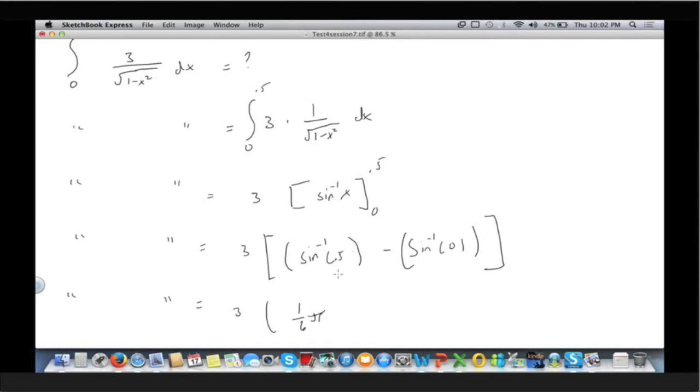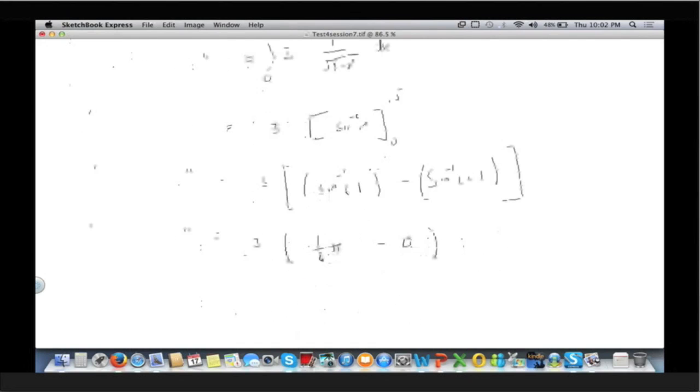Yep. Okay. So then the negative, the inverse sine of 0, which is 0. So this answer is, what's 1/6 of 3 over 6, so 1/2 pi.